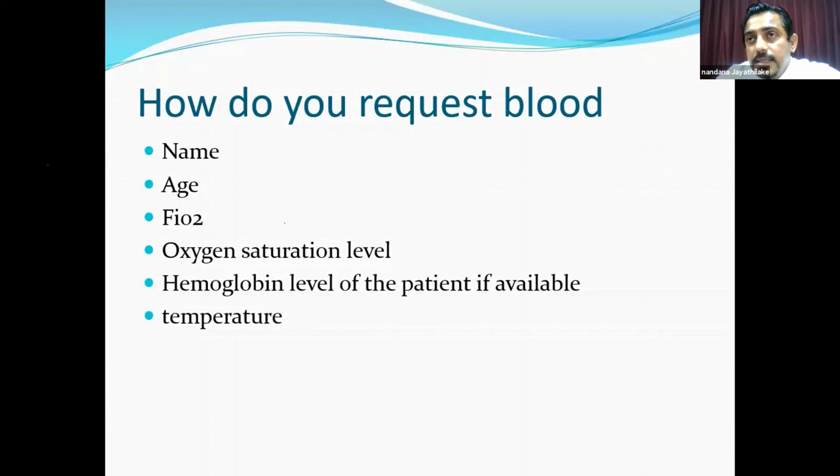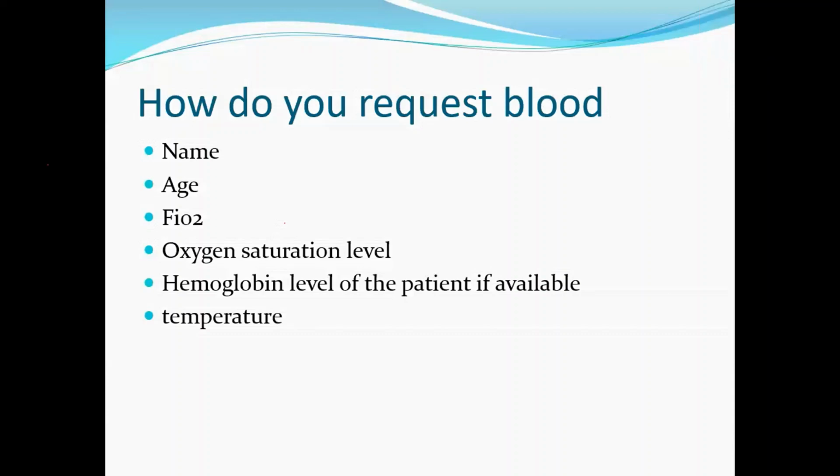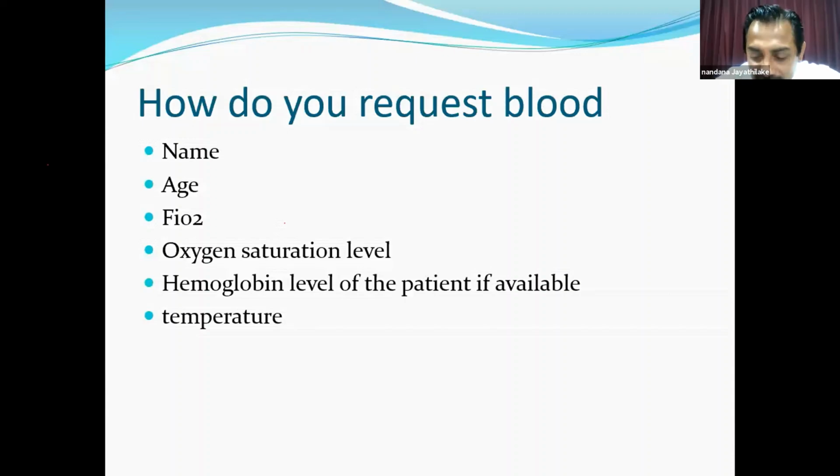Because the blood gas analyzer is set up to some standard, if you have a patient with high temperature, their analysis is different from the low temperature. So you have to mention the patient name and age, that is of course, but also the FiO2, the inspired fraction of oxygen, oxygen saturation level, hemoglobin level if you have it, and the patient's temperature, not the environment temperature. Good.